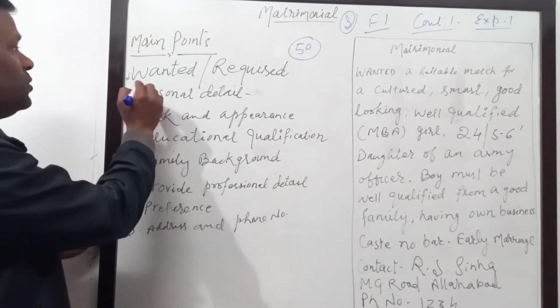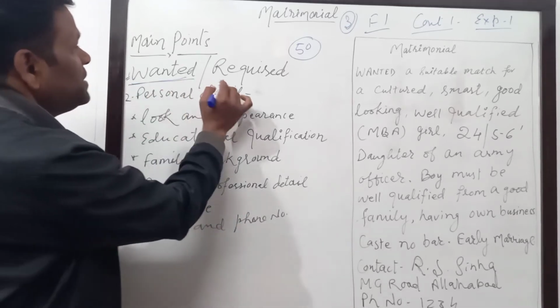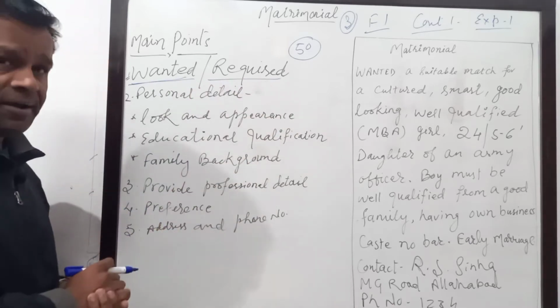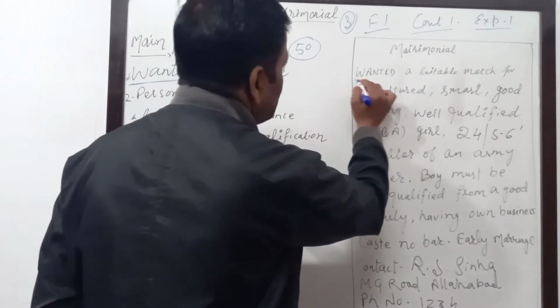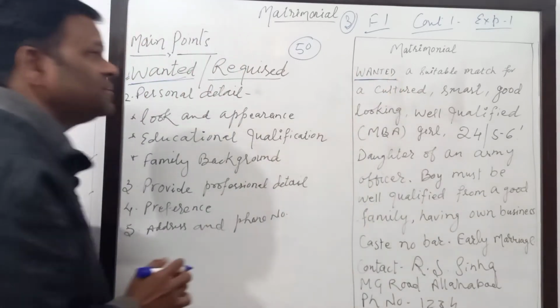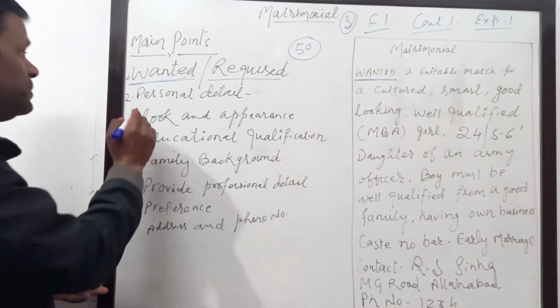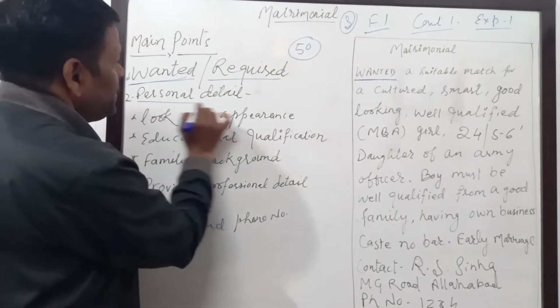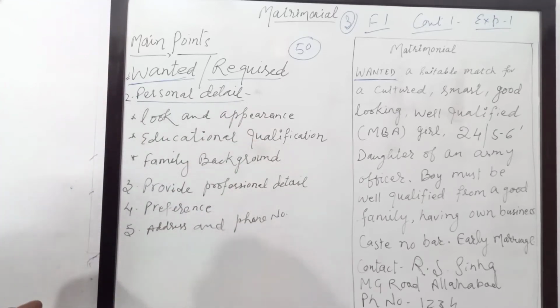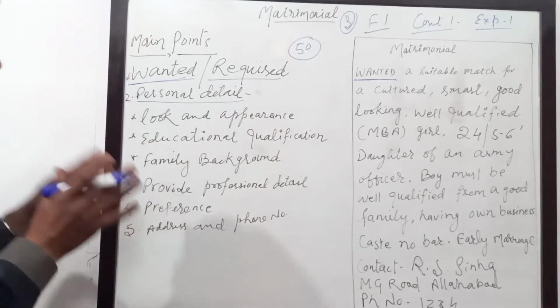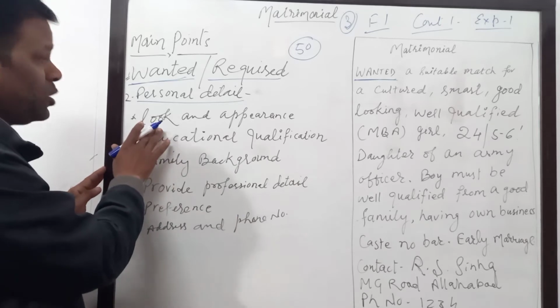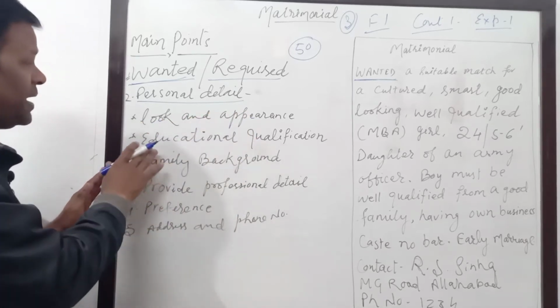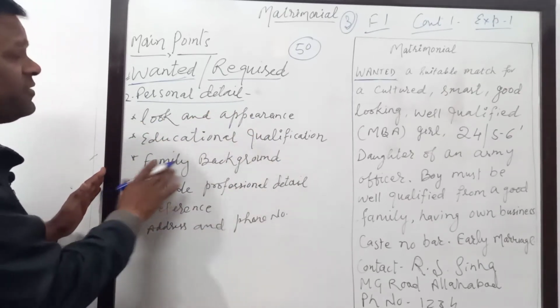First of all, the word that we have to start with is wanted or required, and that will be in capital letters. There you see it is written in capital letters. Then the personal details. What are the personal details? Suppose it is for a bride or a bridegroom, so the boy's or girl's details should be there, like look and appearance, educational qualification, and the family background.